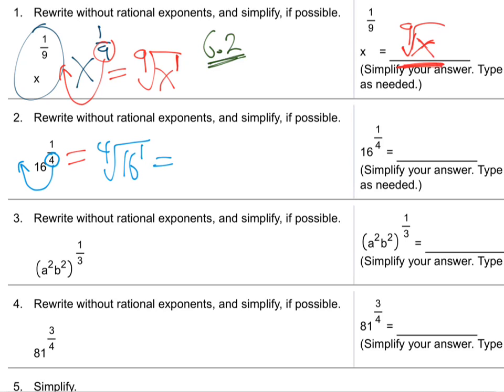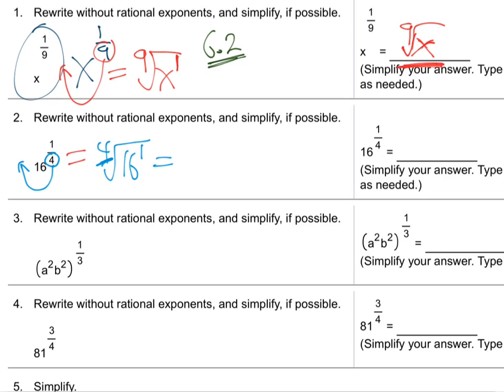Yeah, the trick is it's a 4th root. It's not a square. It's not a 2 root. It's asking what number times itself 4 times is 16. What number times itself 4 times?